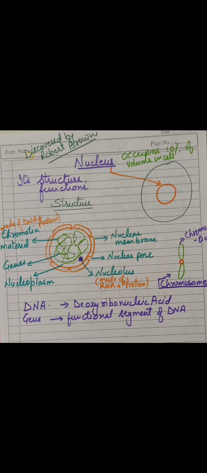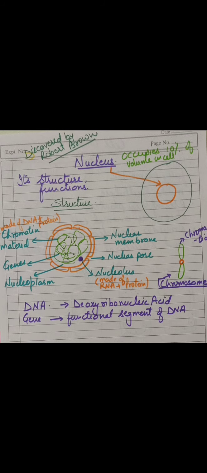But when the cell is about to divide, they take a condensed shape and now it is called the chromosome. This chromosome has two arms, upside and downside. The two arms of the chromosome are called chromatids. These two arms are connected at the center point, which is drawn as an orange circle.